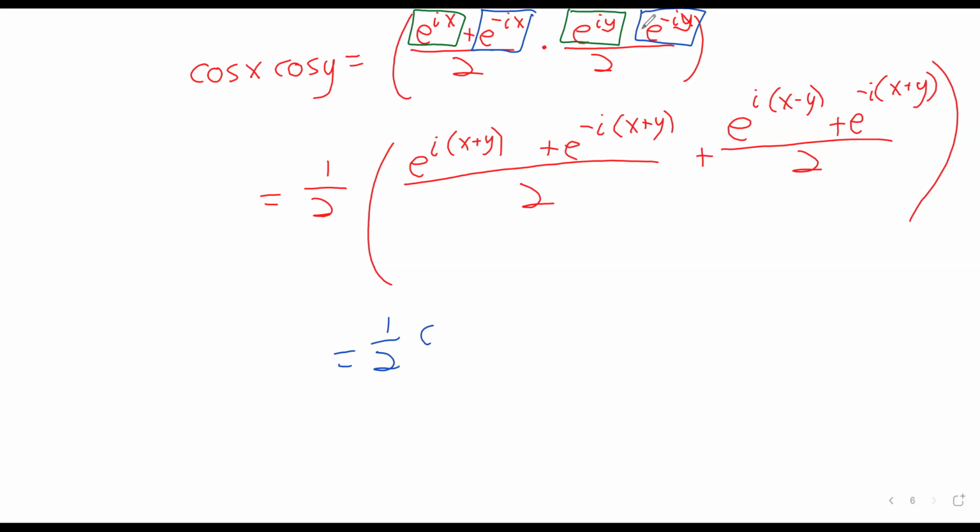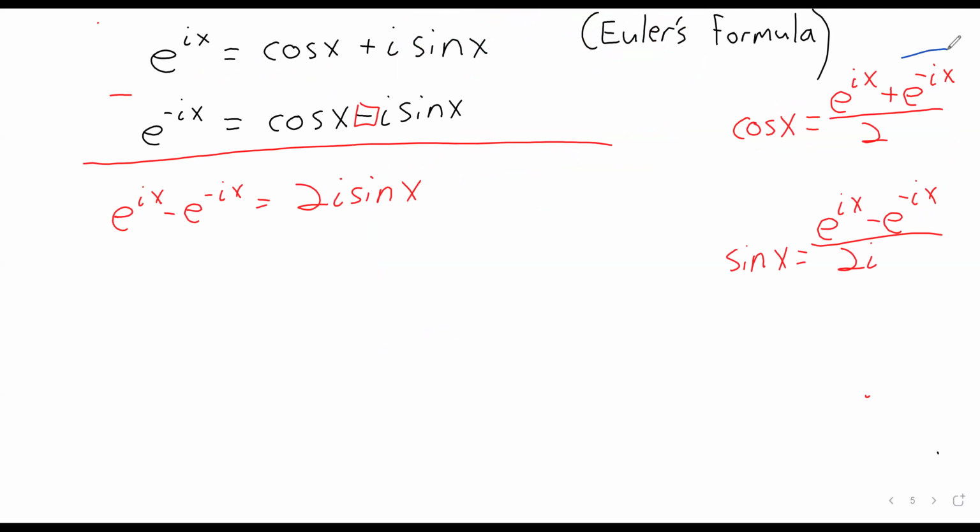And then this is the cosine of x plus y. You see this x plus y here. This is just the definition of the cosine with x replaced with x plus y.